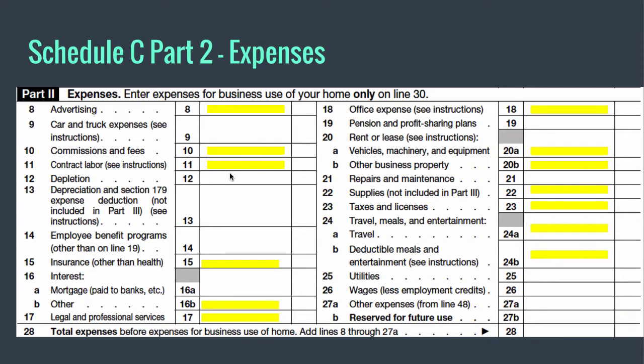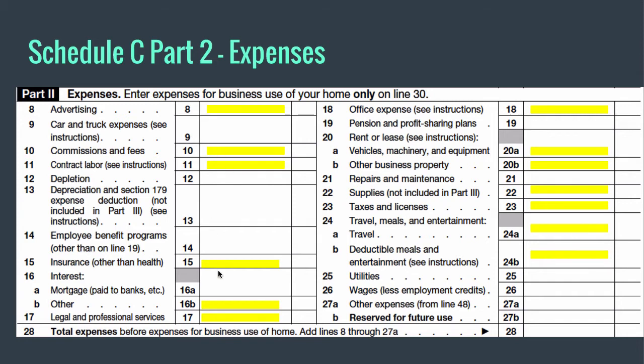Contract labor. So this is those people that you did or could have issued a 1099 if they met the threshold. So even people like your web developer or your virtual assistant or your maintenance person, a repair guy on some of your office equipment, that would all fall under contract labor.